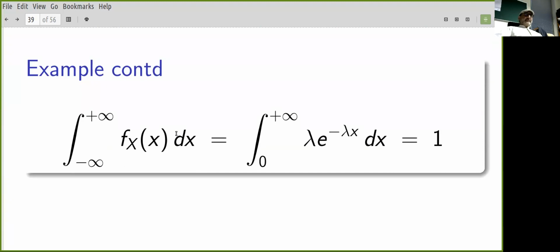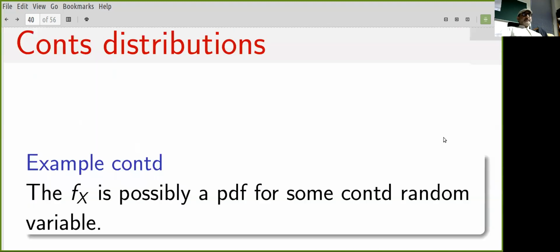So let's do the integral of f sub x of x dx. From minus infinity to 0, this all takes value 0, so you don't really need to integrate that. And from 0 to infinity, it takes the form lambda e to the negative lambda x. If you integrate lambda e to the negative lambda x dx, it turns out that you do indeed get 1. And so this is a candidate for a PDF of some random variable.